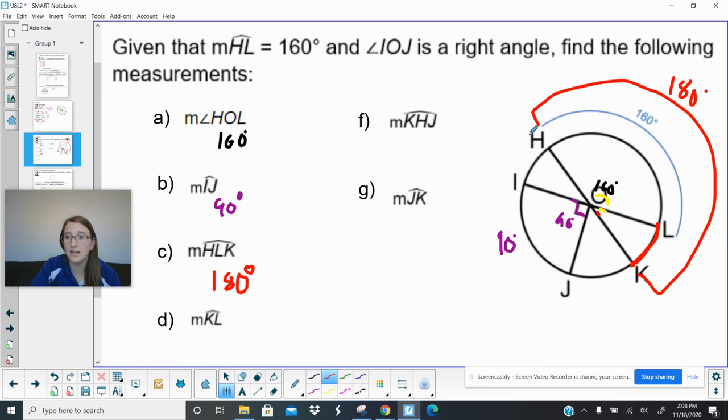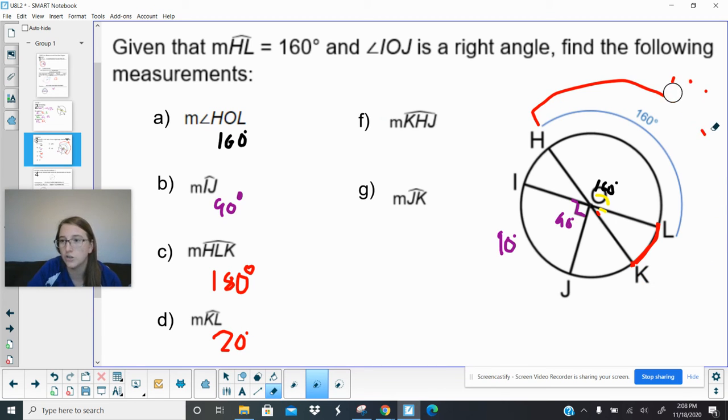We also know that this piece of it is 160. How many degrees then are left over for KL? The whole thing is 180. This little piece is 160. How much is left over for KL? Well, that's 20 degrees, right? If the whole thing is 180 and I already know 160 of it, that means KL has to be 20. It has to be what's left over.